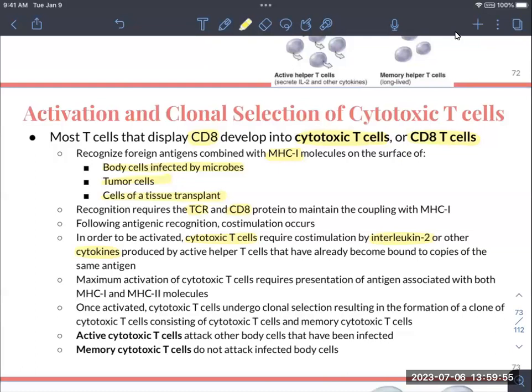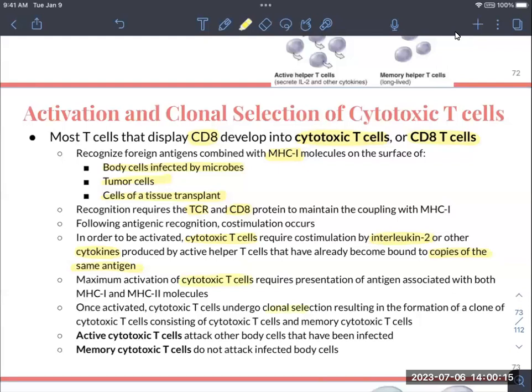Once they become activated, they become bound to different copies of these antigens, which activates these cytotoxic T cells.